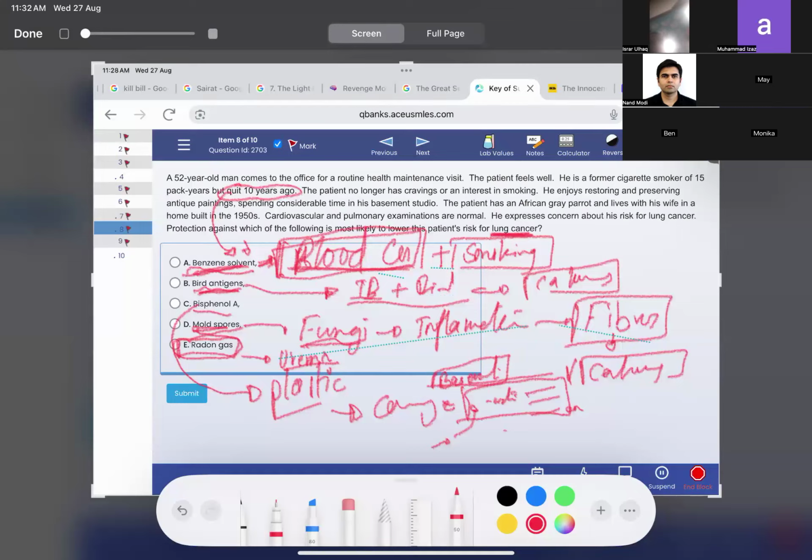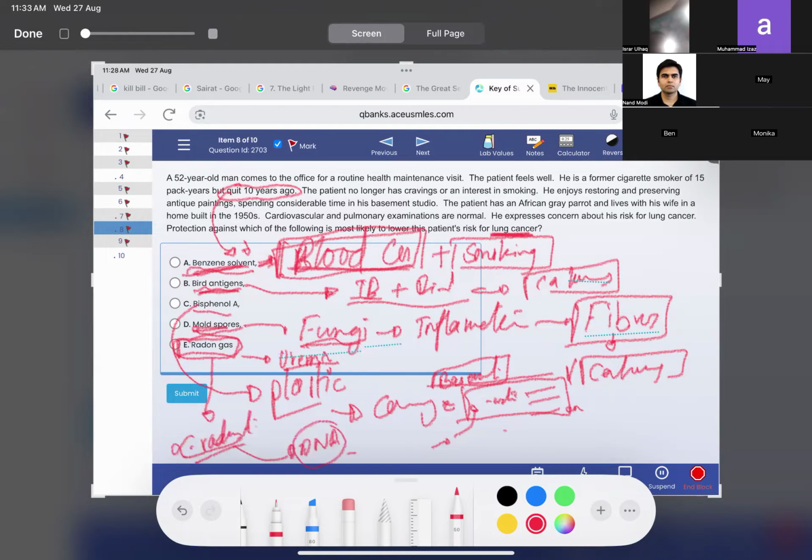Okay. So radon gas ionizes into alpha radiation, and this damages our DNA.